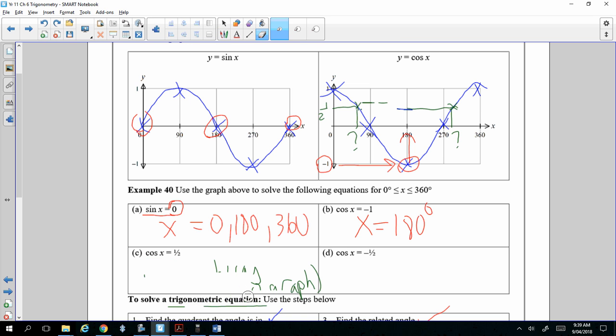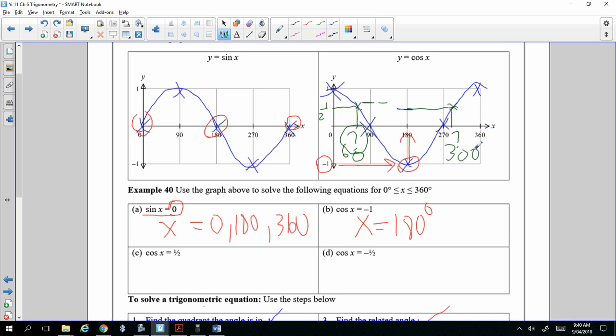It's actually 60 and 300, but you can't really read it off from the graph, can you? The graph only shows you 0, 90, 180, 270, 360. For anything in between, you have to use the quadrant and find the related angle. So that gives you 60. As you see, half is 60. Half is also 300. But don't use the graph, use this approach. No graph.